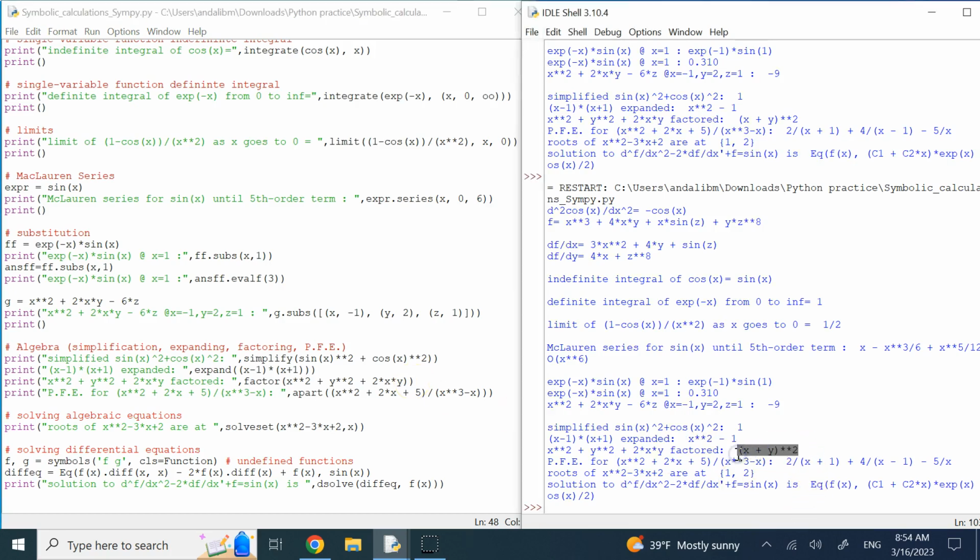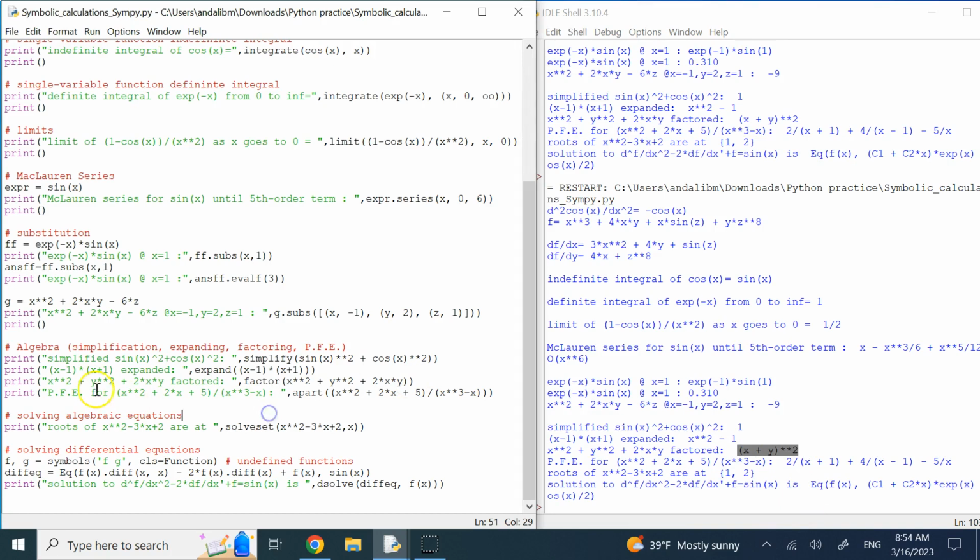The other one, which is very beautiful, is partial fraction expansion, PFE, which is basically writing the ratio of two polynomials in the simplest form, where it is finding the roots of the denominator and then trying to write it as the summation of simpler lower order polynomials.